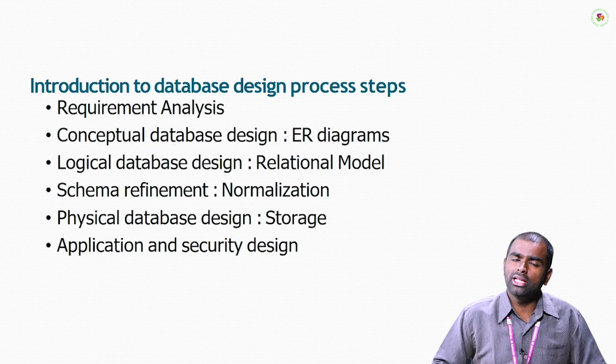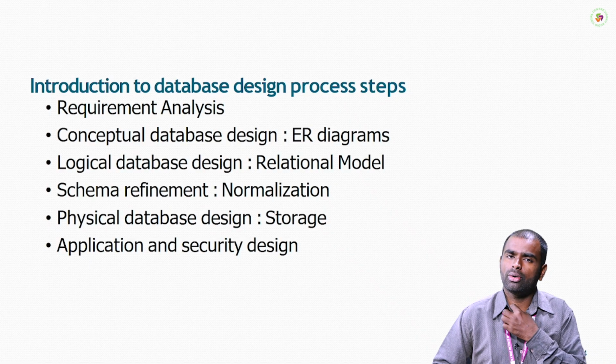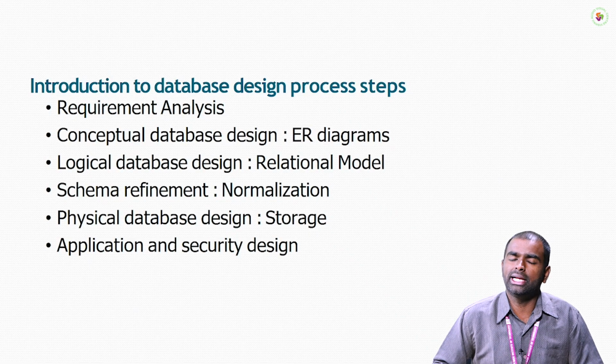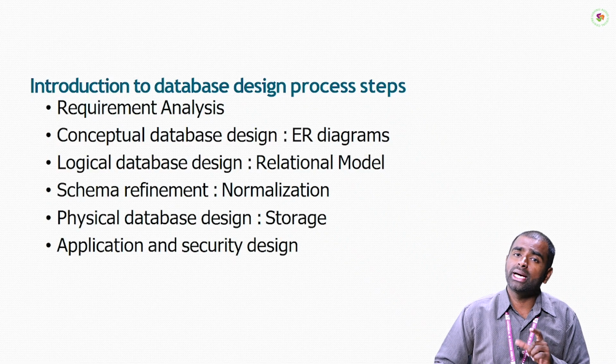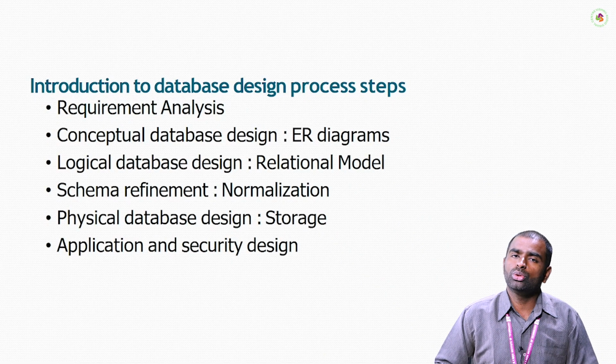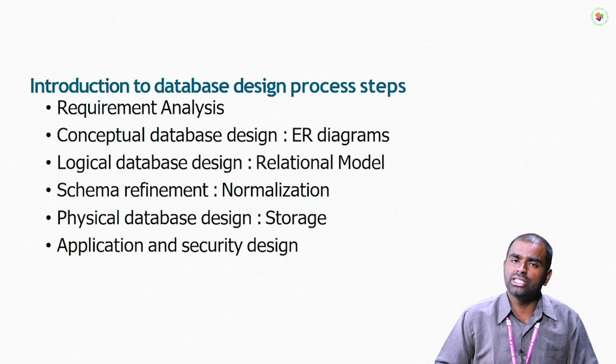The relationship is nothing but how two entities are connected to each other. Another example: customer is an entity, product is an entity. Customer purchases product, or customer purchases item. So customer and item are entities, purchases is the relationship. Like that, entities and relationships are there.